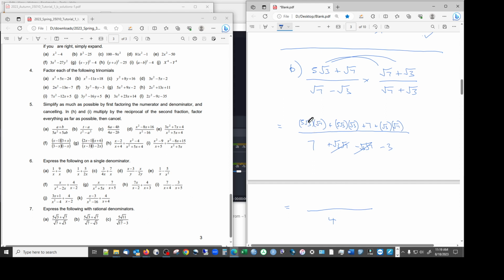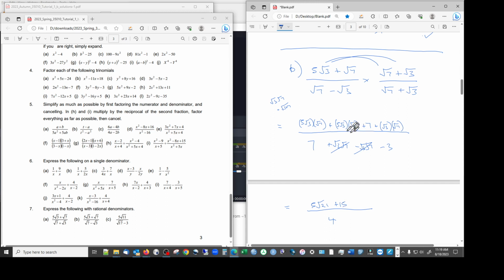Alright, up the top, these are products, and we can take the root 3 and the root 7 and put them in as 3 times 7, so that's why I'm just doing it number-wise. So 1 out the front, 5 ones are 5, and root 21. Same here, number out the front. Root 3 squared is 3. 3 times 5 is 15.